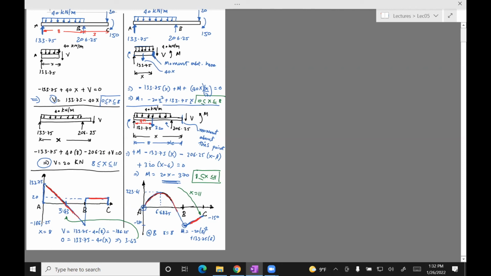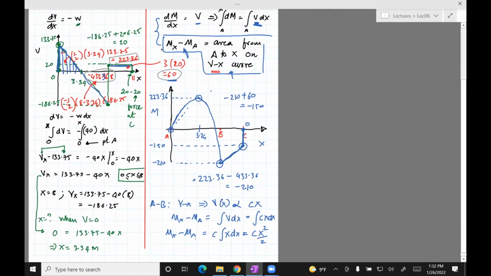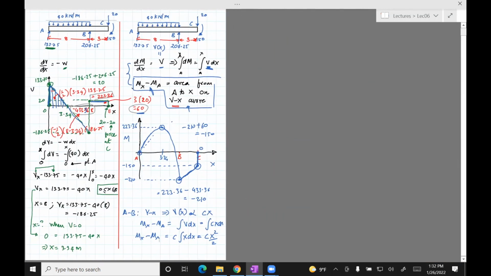So if you're asked to find M of x only, you can just use this method and you don't have to draw the VX curve. But if you're asked to draw the VX and the MX, then I think you're better off trying to use this method, which is easy, I think, personally, because you just look at the equation, dV/dx equals minus w to get that curve. And then on the right side, you look at the curve on the left side, the VX curve, in order to find the M of x.